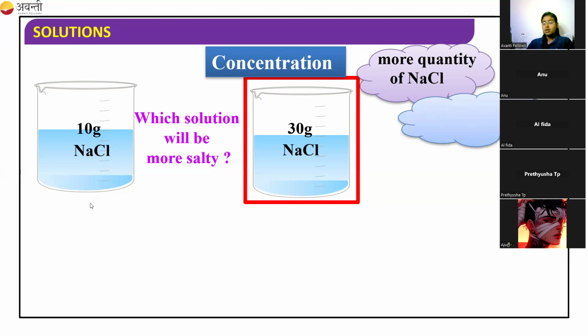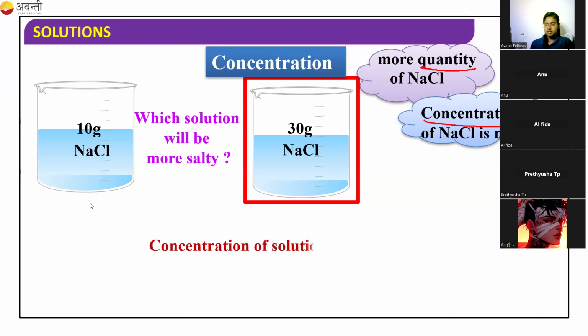Now, we can also define this more quantity of NaCl as the concentration of NaCl being more. We can denote this quantity as concentration. More quantity, in the sense, the concentration of sodium chloride is more in the second beaker. So what is concentration?